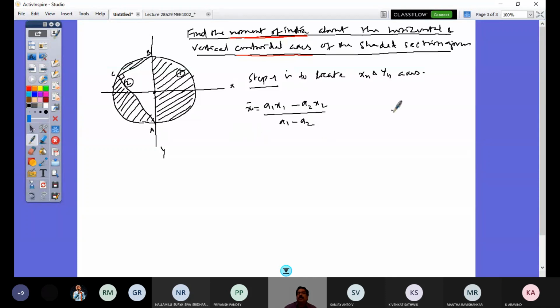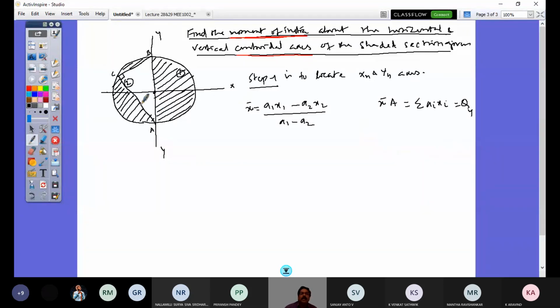So what is my first moment definition? It is x bar into area, which is the summation of ai xi. So that is the first moment about Qy, first moment about the y axis. So this is my y axis. So if I apply that, the dimensions for this are also required, right?